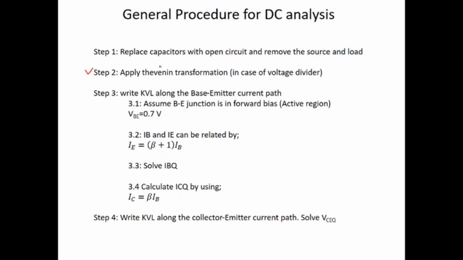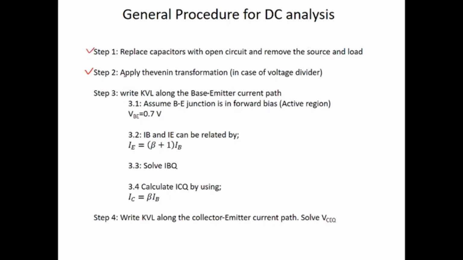This connection is done by using a DC blocking capacitor, so we call it capacitor coupling. So when you do the DC analysis, the capacitor needs to be replaced with open circuit, and you need to remove the source and the load. Okay, this is the first step.